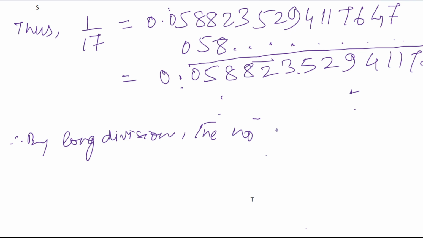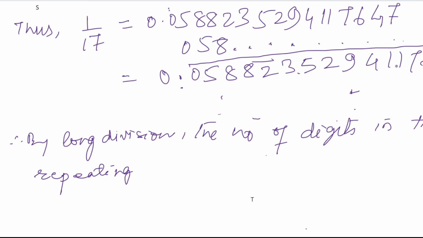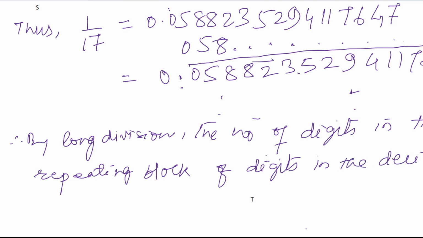So the number of digits in the repeating block of digits in the decimal expansion of 1 by 17 is equal to 16.